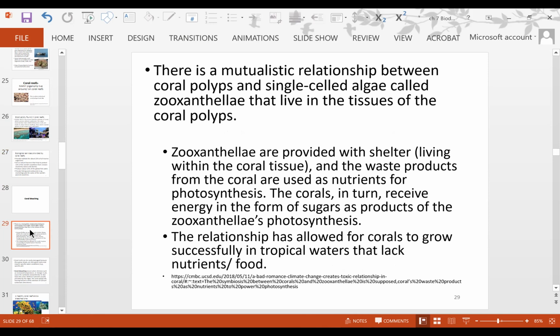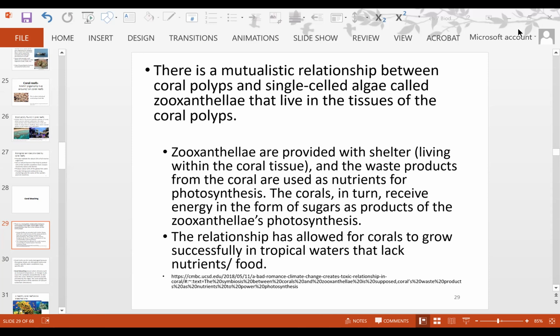So there is a mutualistic relationship between coral polyps and single-celled algae called zooxanthellae. And those algae live within the tissues of the coral polyps. And the mutualistic relationship includes that the algae is provided with shelter because it's living within the coral tissue.